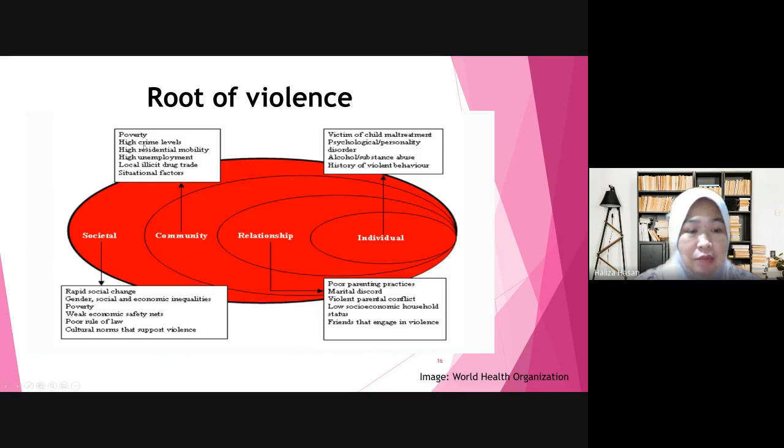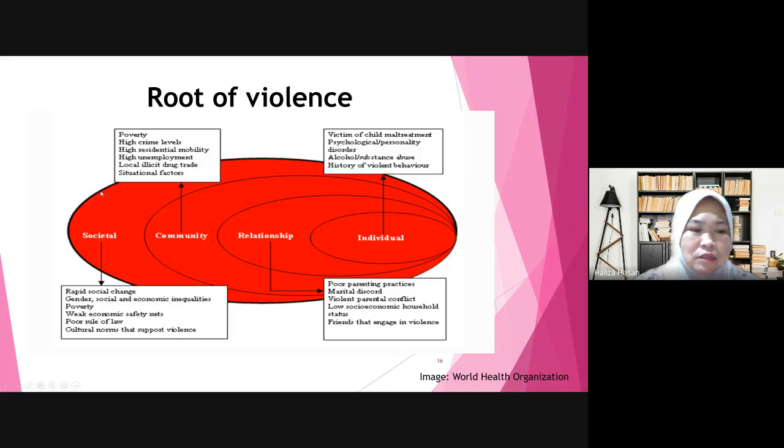Just like I mentioned, high crime levels, so areas with very high social problems and high unemployment. So the root of violence can be from this area.